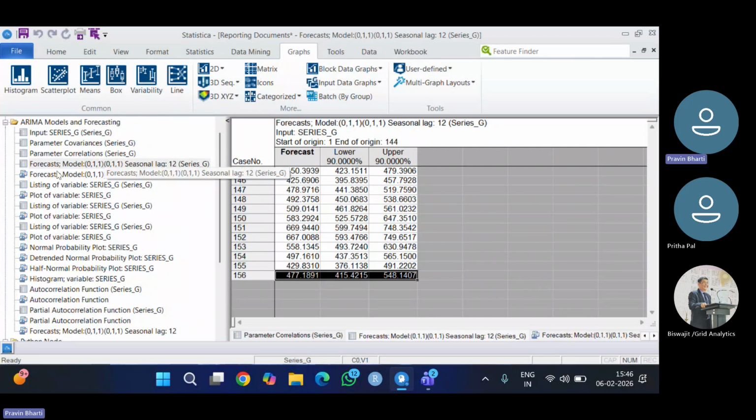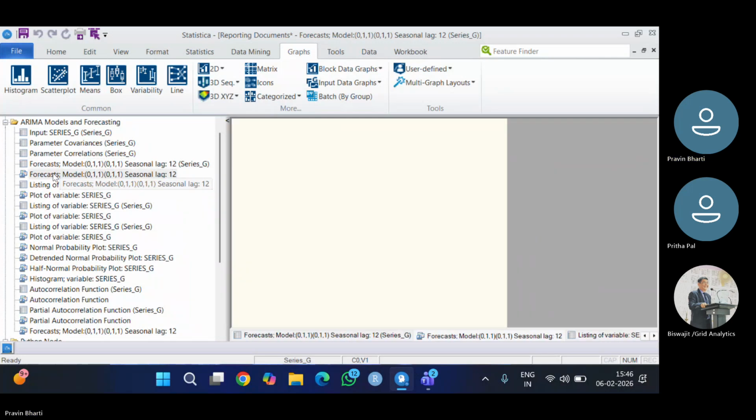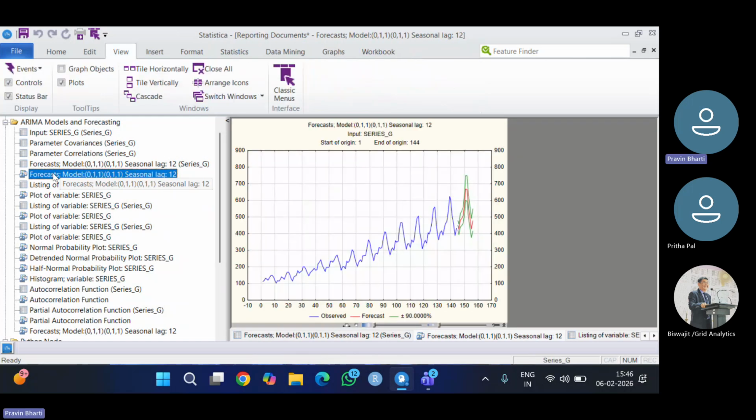And then from this chart, the red line indicates our forecasted values, the forecasted number of passengers in the next year, and this blue line indicates the historical data, that is, the observed number of passengers, and the green lines are the confidence bands.